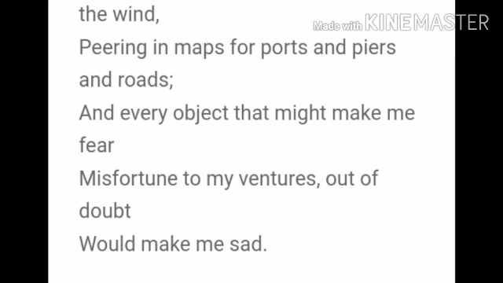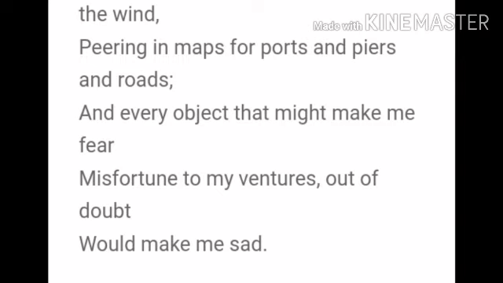And every object that might make me fear misfortune to my venture, out of doubt, would make me sad. And he's telling, so every object, whatever object is there that might make me fear, that makes me feel afraid that it is capable of causing misfortune.